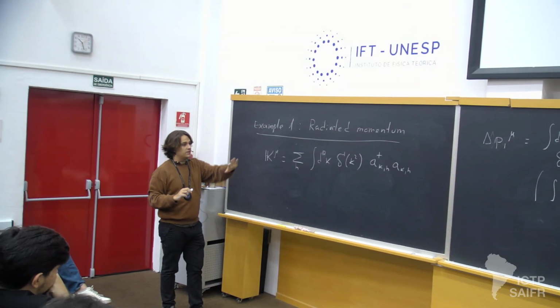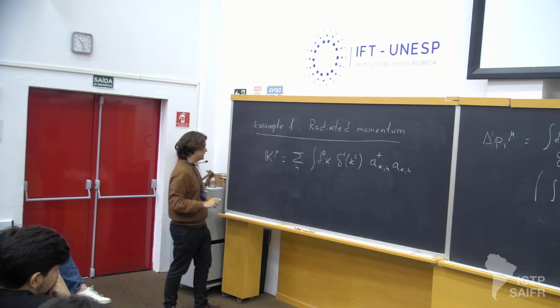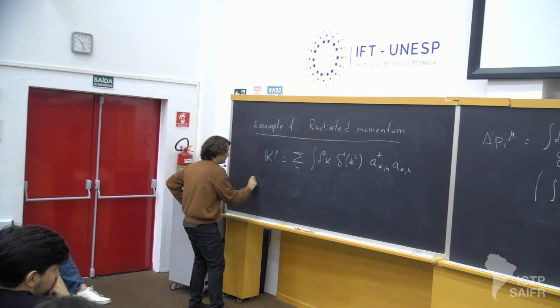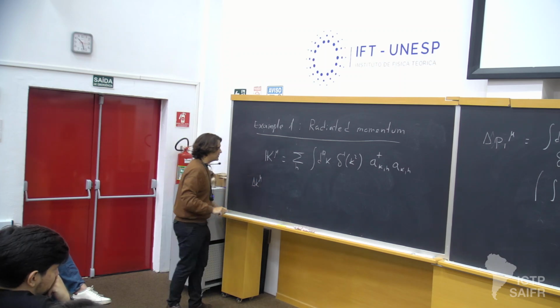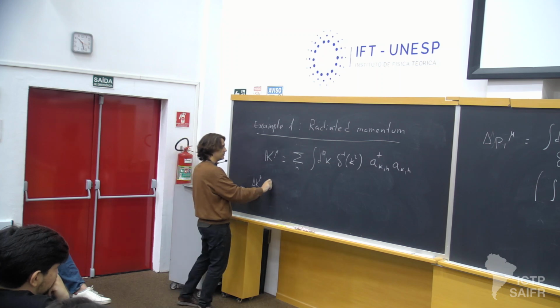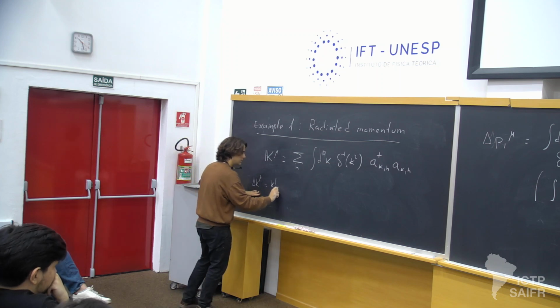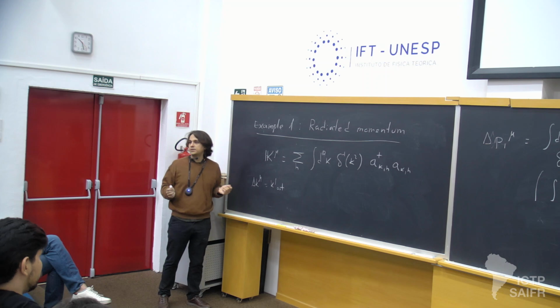Okay? And now the formula will be much easier, right? Because if we want to compute this delta K, well, actually, there is no delta K. Delta K is just K out, because there is no radiation in the initial state.